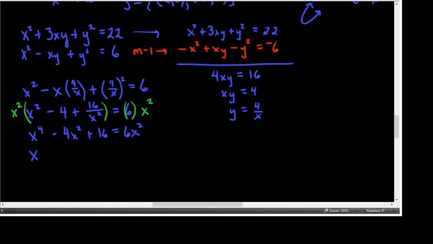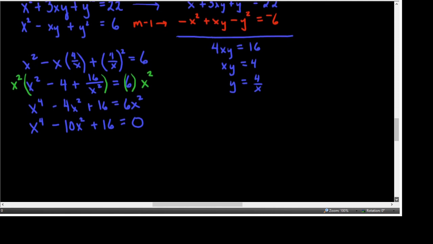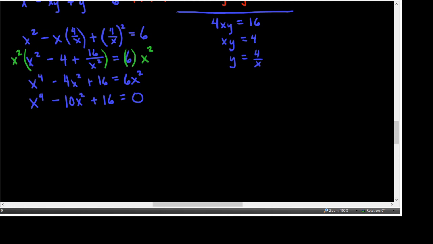So subtracting, because remember in a case like this you want to set a polynomial equal to 0 and see if it will factor. Okay, so subtracting 6x squared from both sides gives me that trinomial. I sure hope it factors, because if it doesn't, we have to go to the quadratic formula. So to get x to the 4th, I could multiply x squared by x squared. And I want to think of factors of positive 16 that would add to be negative 10.